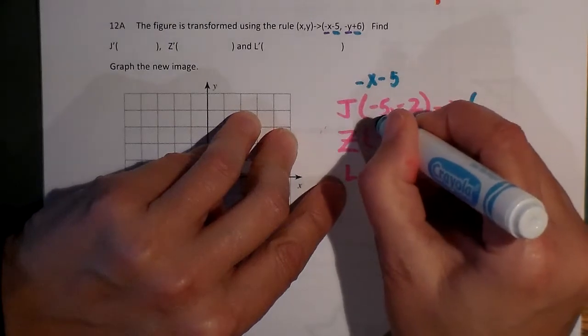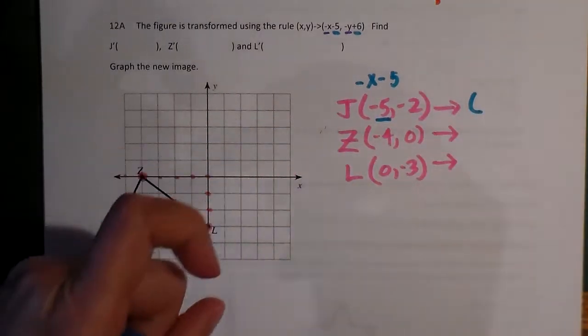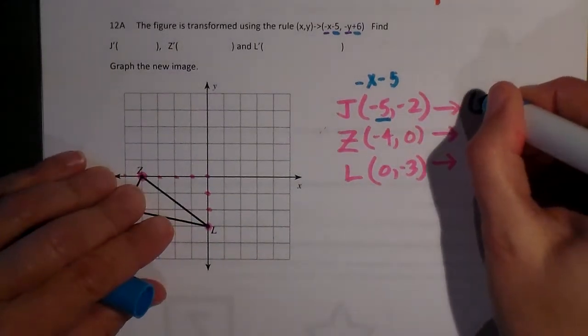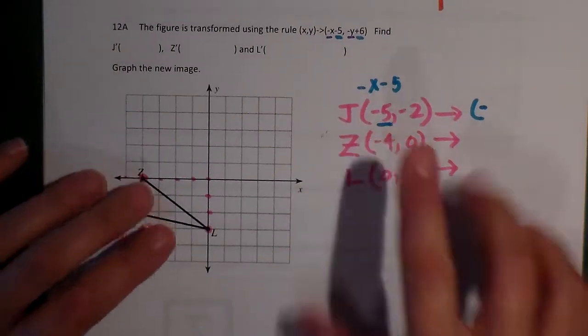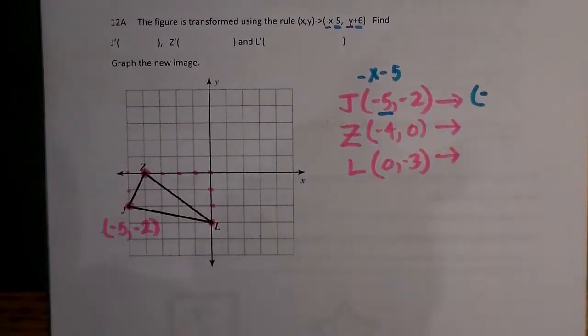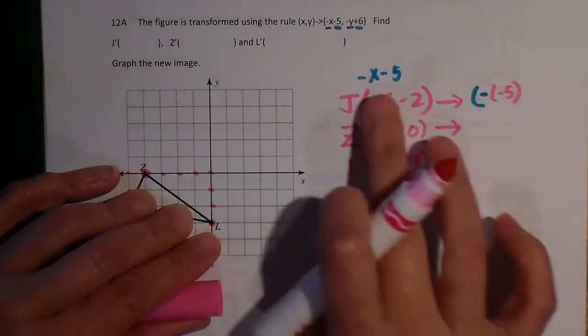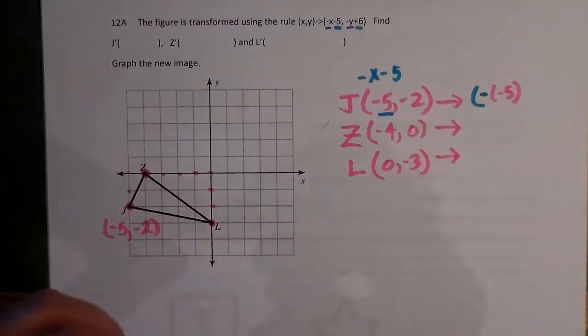Well, what's x for the J coordinate? It's -5, right? So to show you this, I'm going to do negative x. Well, what's x? -5. So it's going to be -(-5). Do y'all see why? Because it's telling you negative or opposite of x.